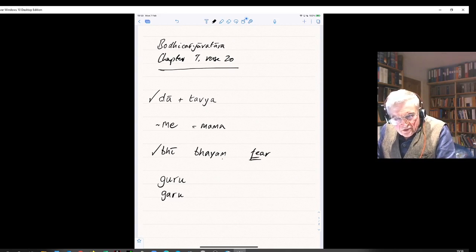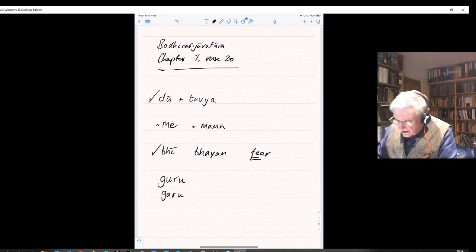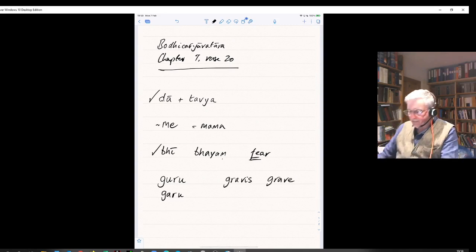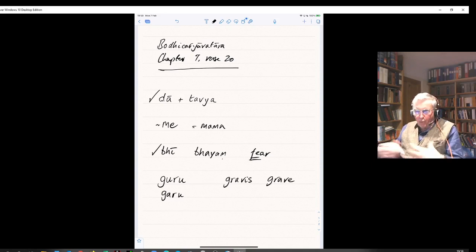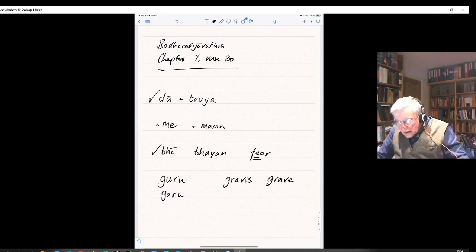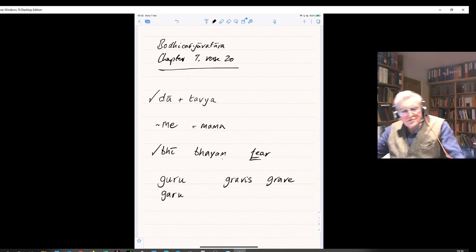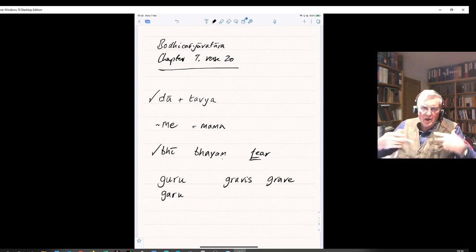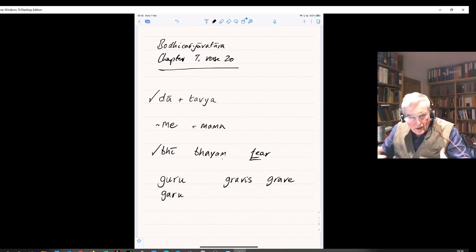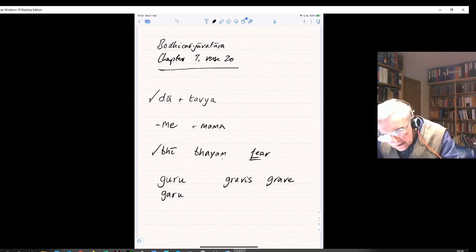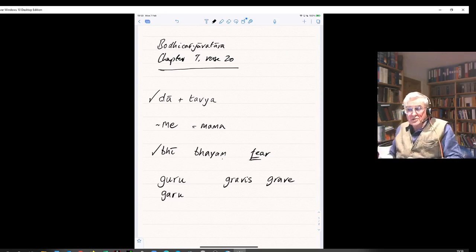And it's cognate with the Latin gravis, meaning heavy, from which in English we have grave. Not grave in the sense of hole in the ground, but grave in the sense of important, serious. We talk about a person having gravitas, meaning gravity, but in a sense not of physical gravity, but the sense of gravitas, a sense of importance and respectability, even venerability attaching to him.